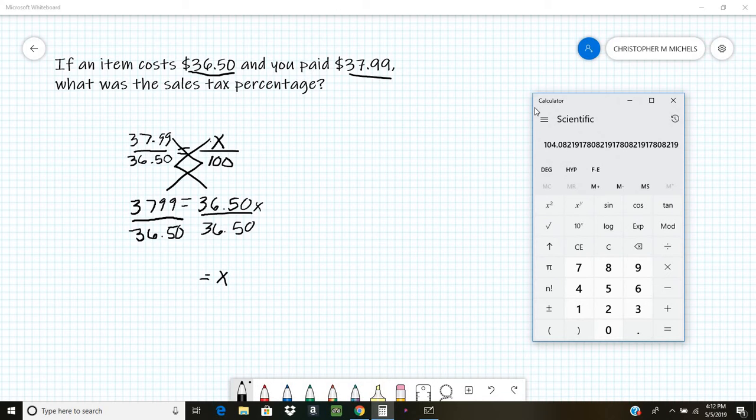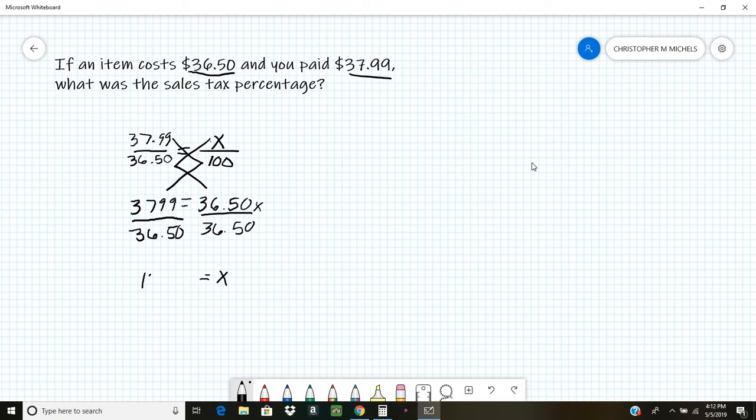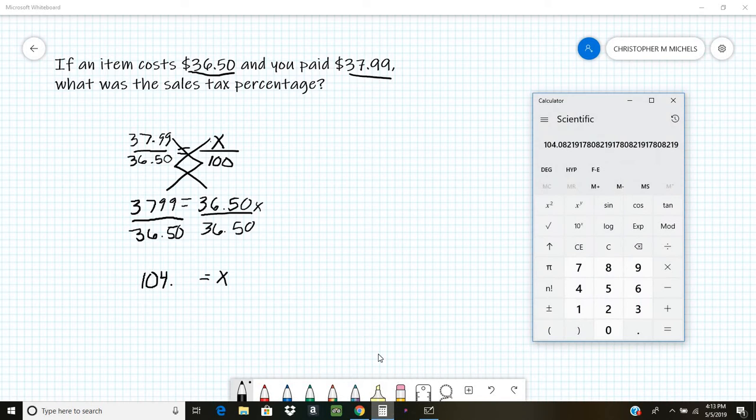That's generally what you'll find when you get into, like, I always say, real life numbers, not just math book numbers. You get really crappy numbers like this. So let's just round it off to the nearest hundredth. So we get 104.08.